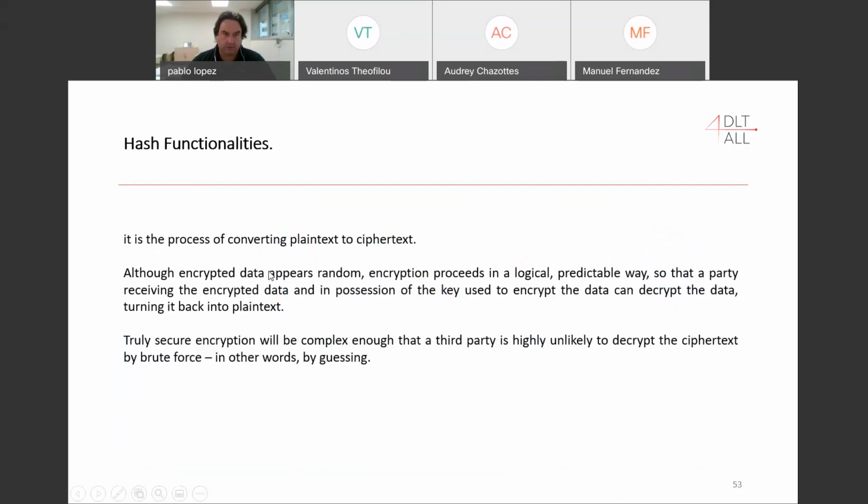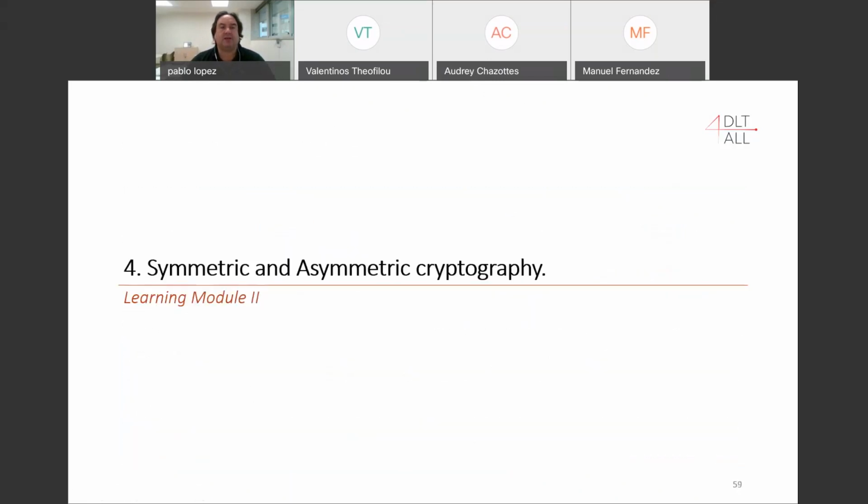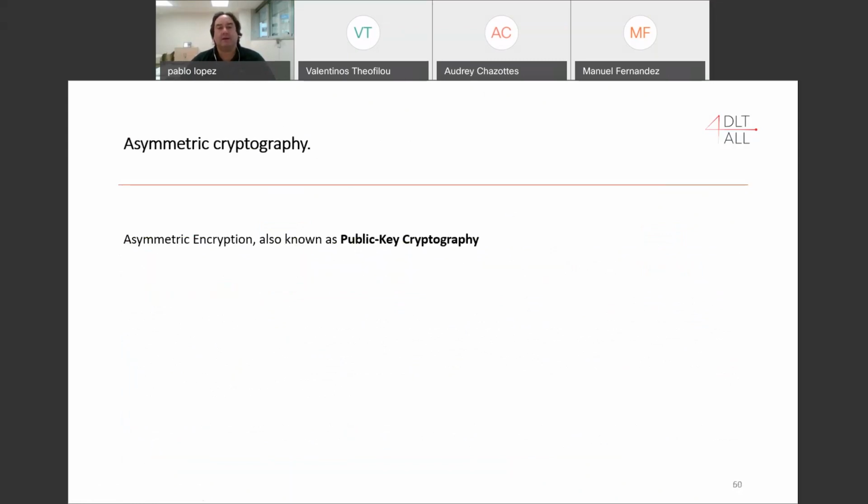So after the hash functionality, we stopped at symmetric and asymmetric cryptography. And yesterday, there were some of you who asked specifically about asymmetric cryptography, and that's what we will be dealing with during these 2 hours: how asymmetric encryption works, and how we generally call it public key cryptography.